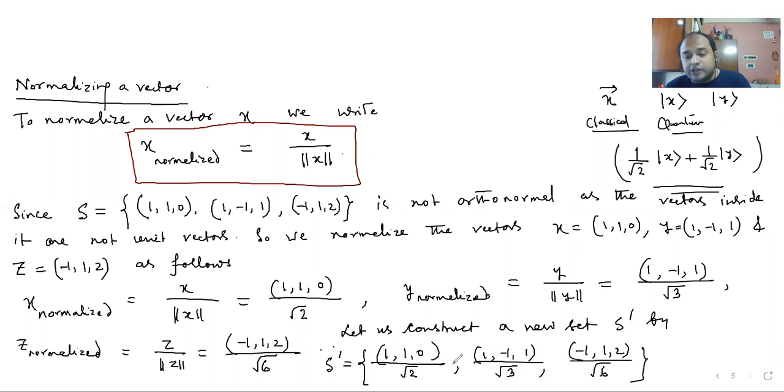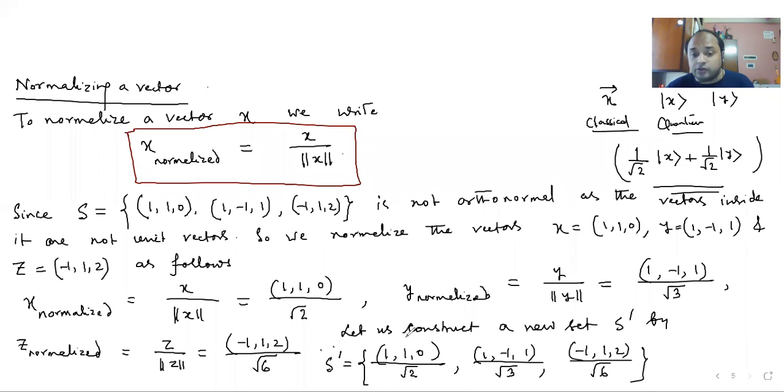If you take any two elements from this set, they are orthogonal as before. And if you consider the norm of these elements, you will find the norm of this vector is root 2, so root 2 and root 2 will cancel each other. Therefore the vector has become normal.